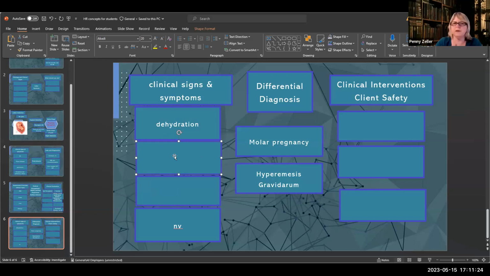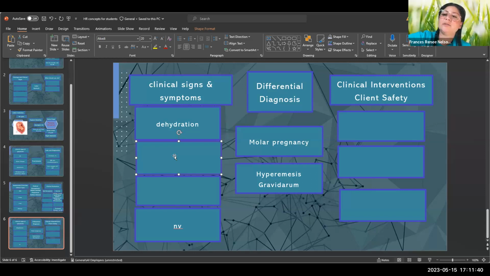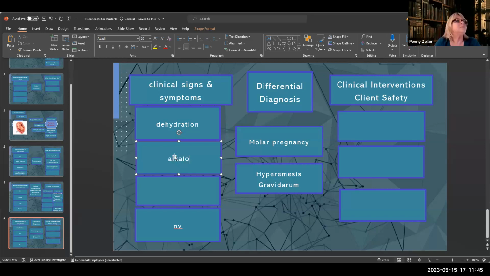What happens when someone, you might not know this, but you're learning, right? If someone is throwing up, not eating, not drinking, your stomach is a bunch of acid, right? Throwing up. What happened? Alkalosis. Metabolic alkalosis. How do I even spell that? It doesn't look right.